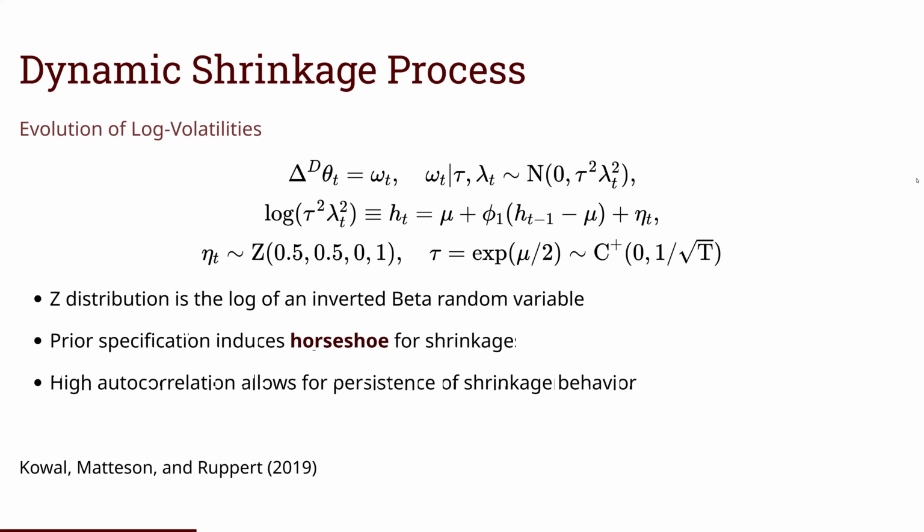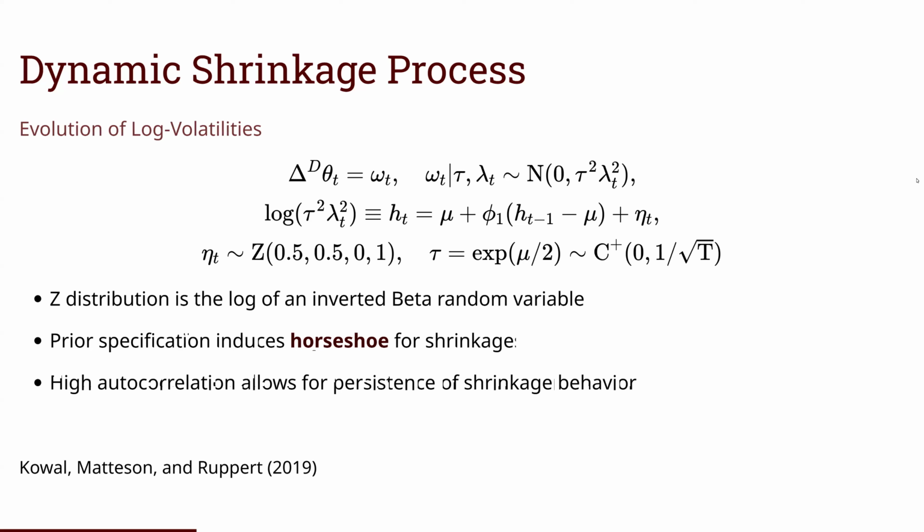This specification, the rest of the priors, we have the innovations of the log variance follows this weird 4-parameter distribution. Not going to go into a lot of details, but it's an inverted beta random variable. Okay, but you can ignore that. And with this specific specification, this prior induces horseshoe-like behavior for shrinkage.